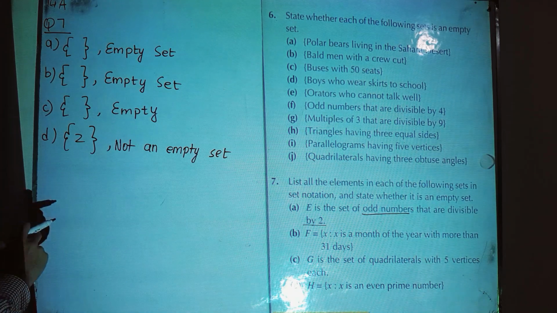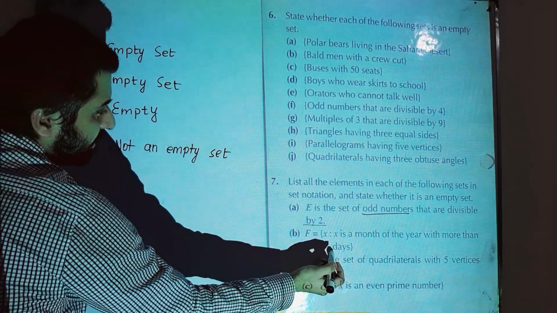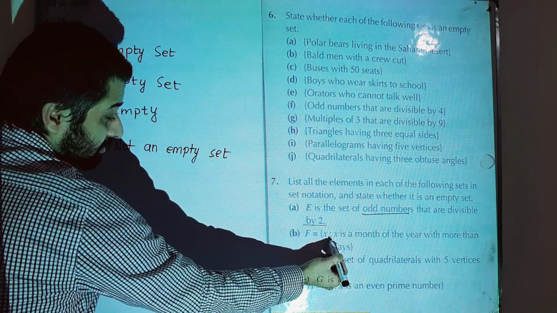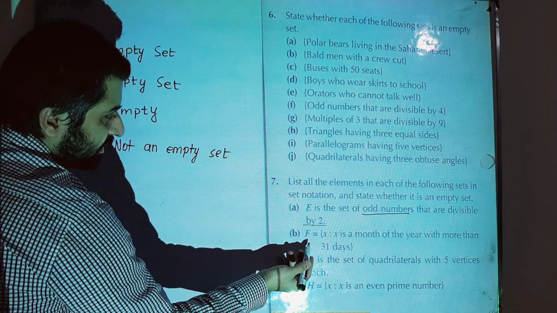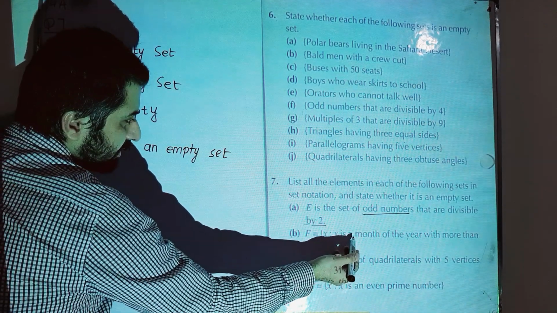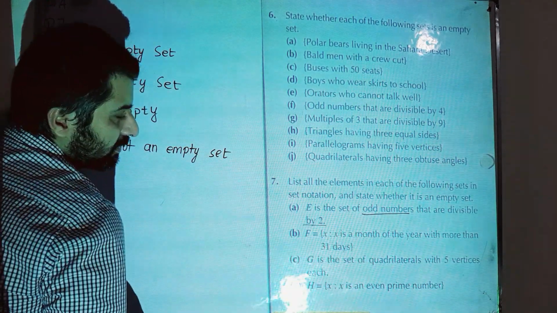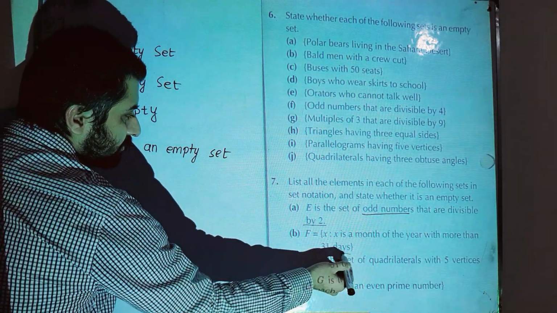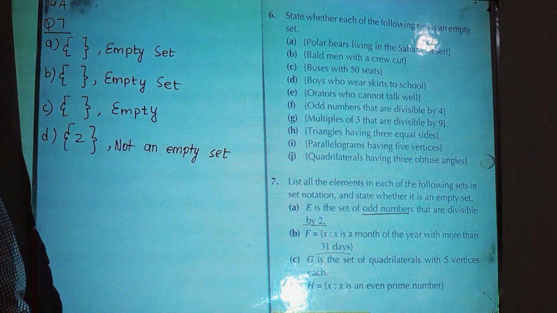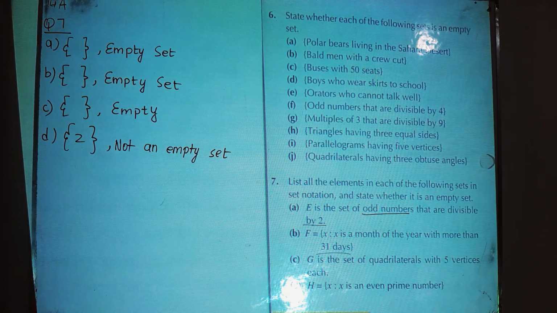Part B is a set F, and X represents an element of this set F. X is a month of the year with more than 31 days. Do we have any month of the year having more than 31 days?